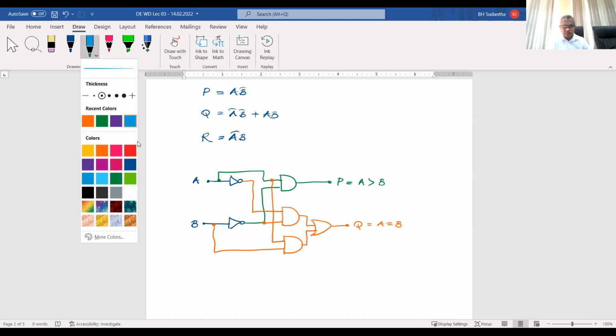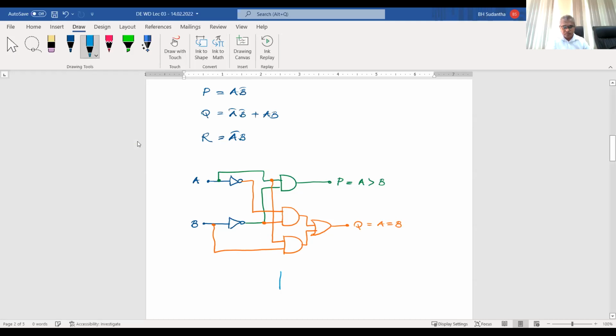Okay, this is the circuit. You can see we are starting from these 2 common points, and finally we will have these 3 outputs.